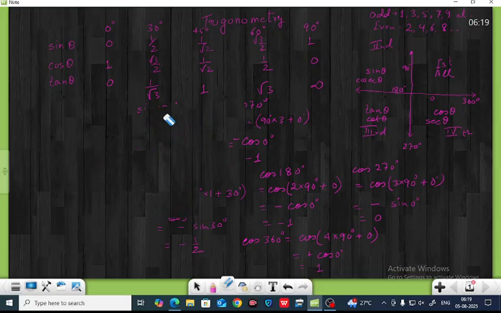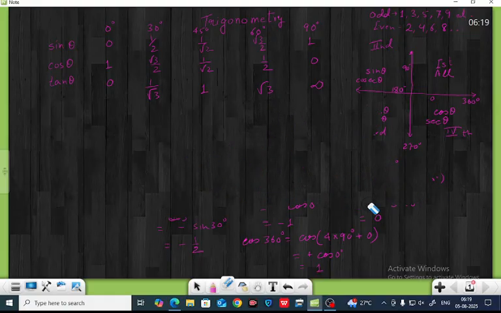After that, we will find some values of these angles also. In this way, you can find any values of sine theta, cos theta, tan theta.